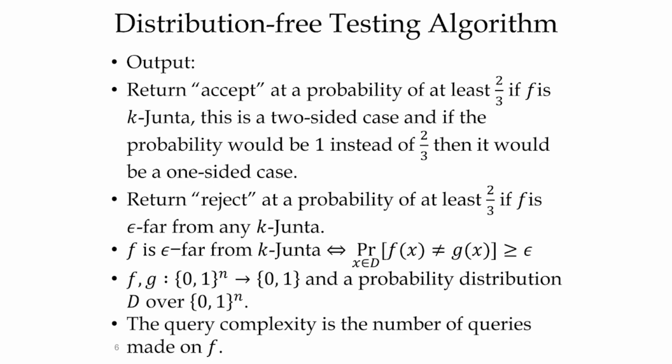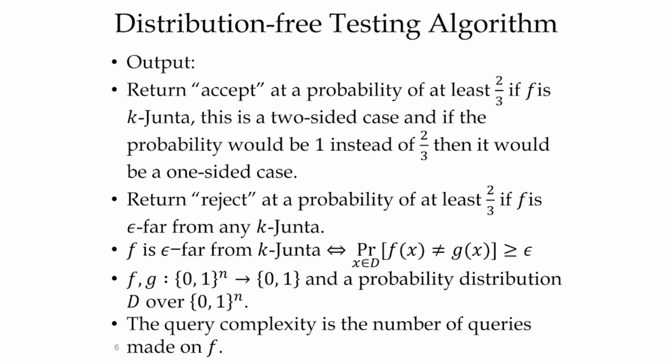If f is epsilon far from any K-Junta, then we should expect the output to be reject with a probability of at least 2/3. We say that f is epsilon far from every K-Junta with respect to D if for every K-Junta g, f is epsilon far from g with respect to D. We will use U to denote the uniform distribution over all the Boolean vectors with the length n.